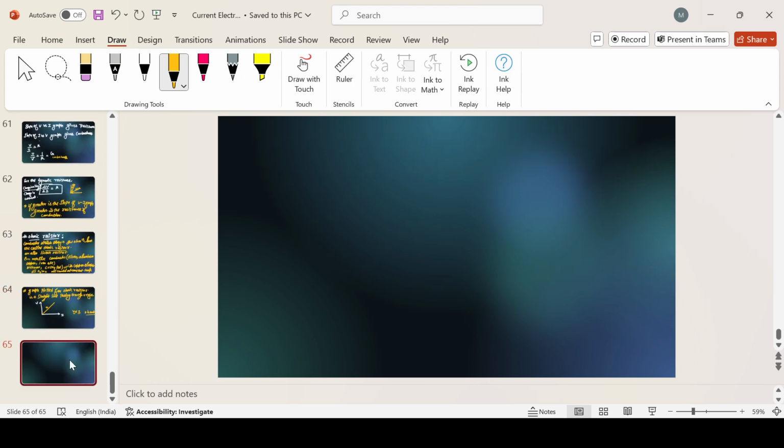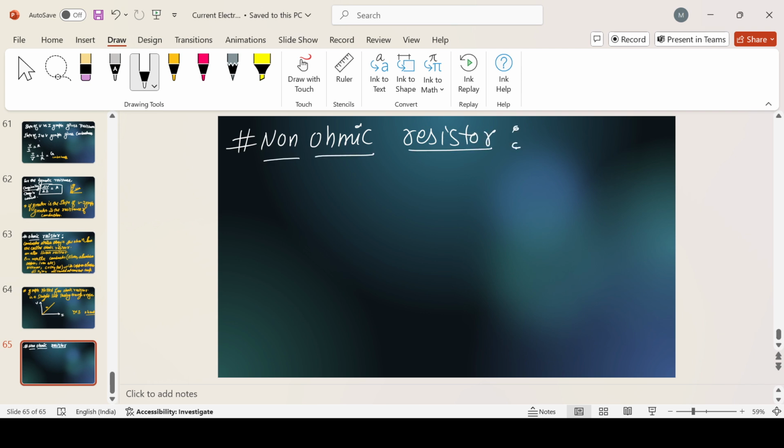Then move to the next now. Then we have the non-ohmic resistor. So for the non-ohmic resistor, what is there?